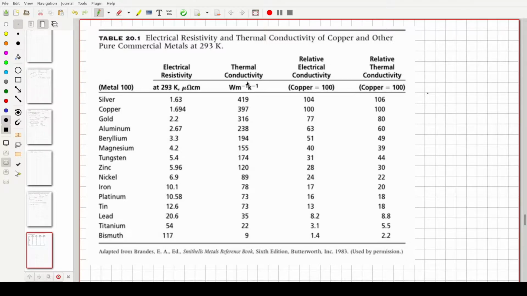Houses in general are wired with copper, and copper has this resistivity right here. It's microohms per centimeter, which is not a whole lot, but it adds up over distance.